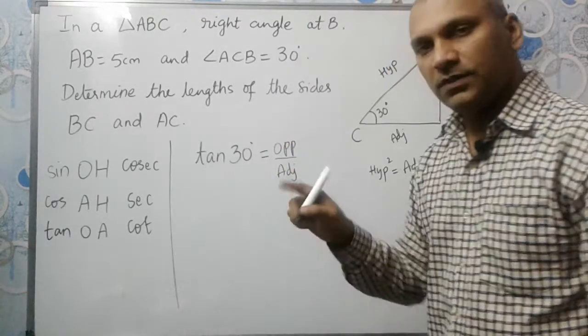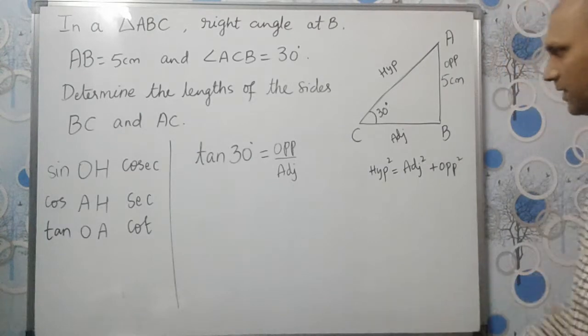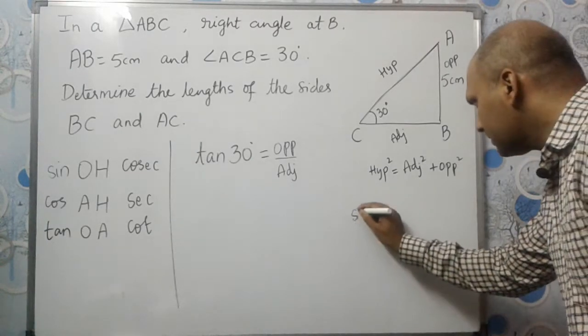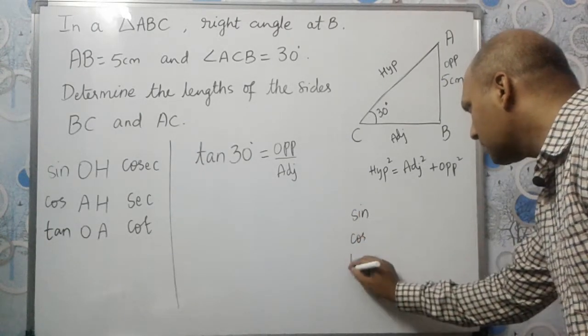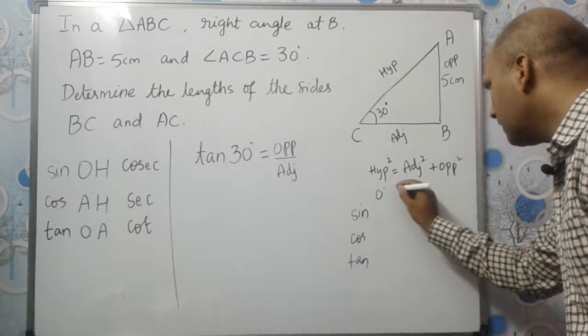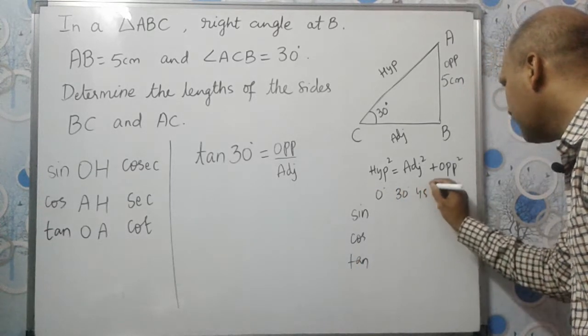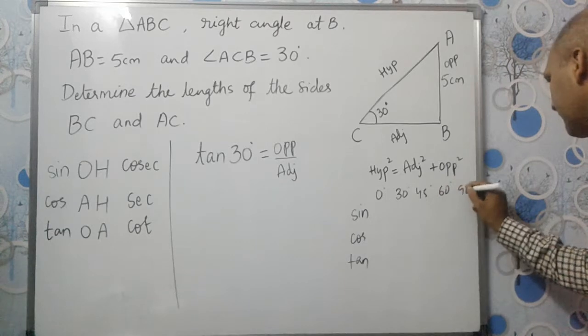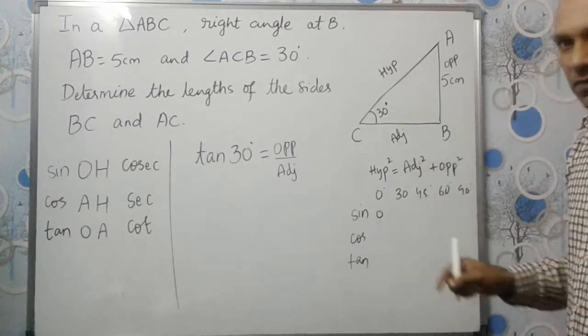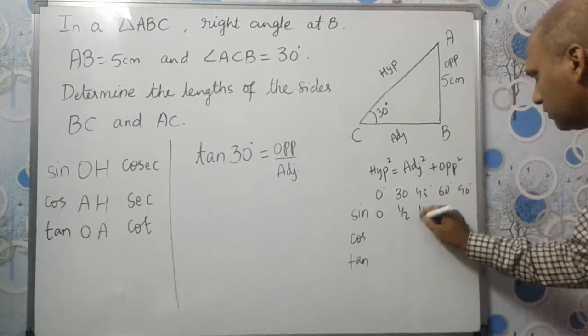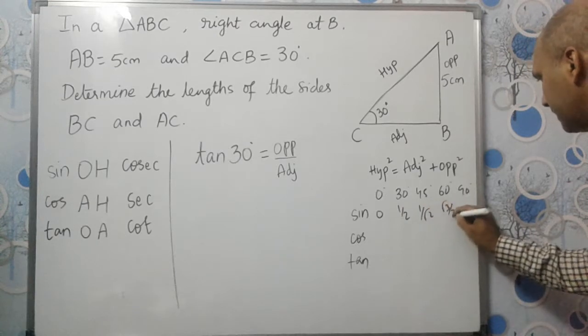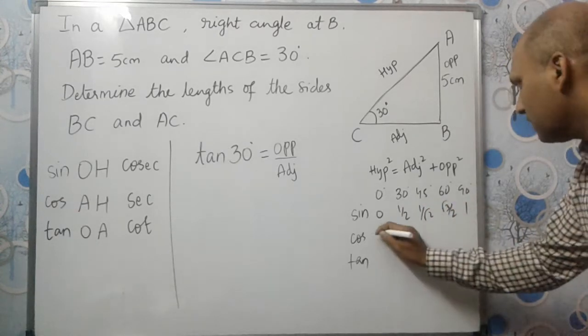But what is tan 30 from the table? In the last video we have studied sine, cos, tan for 0 degrees, 30 degrees, 45 degrees, 60 degrees and 90 degrees. I told you to remember the first line: 0, 1 by 2, 1 by root 2, root 3 by 2, 1. Cos will be the reverse of sine, right?